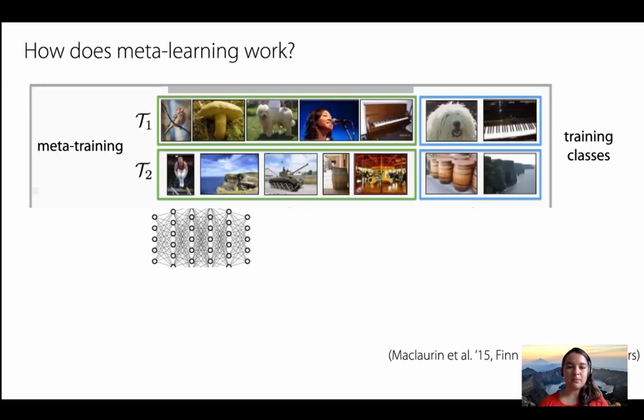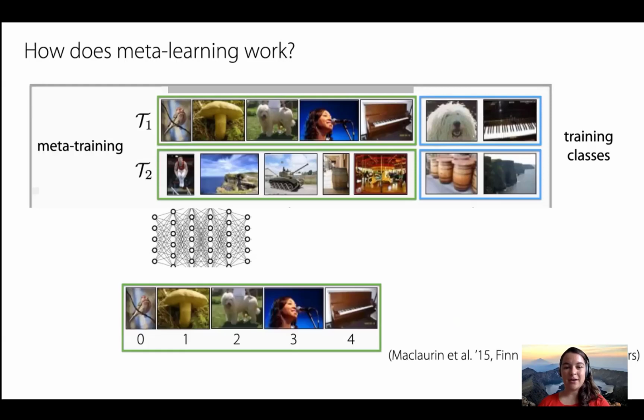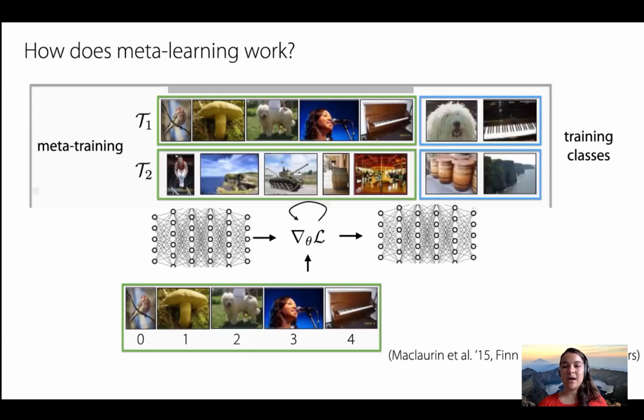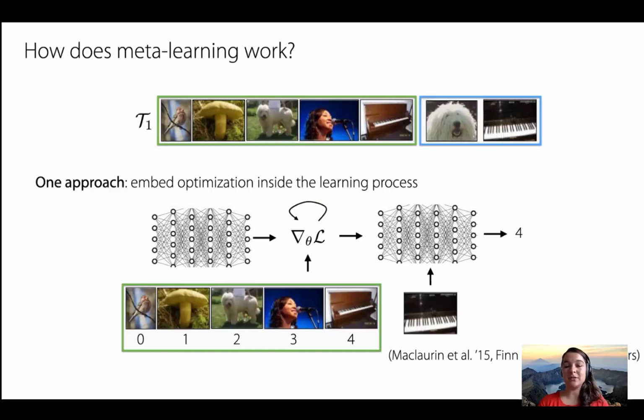In particular, we might start with some neural network, take our tiny training data set, run an optimization on this data set to get a new neural network, and then optimize this entire process such that when given a new image, you can output the correct label. Essentially, we're training this optimization process, for example, the initialization or other aspects of the optimization like the learning rate, such that you can learn from smaller amounts of data. So this is the key idea behind meta-learning.